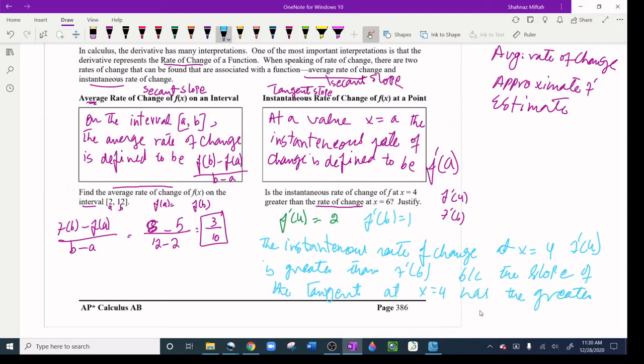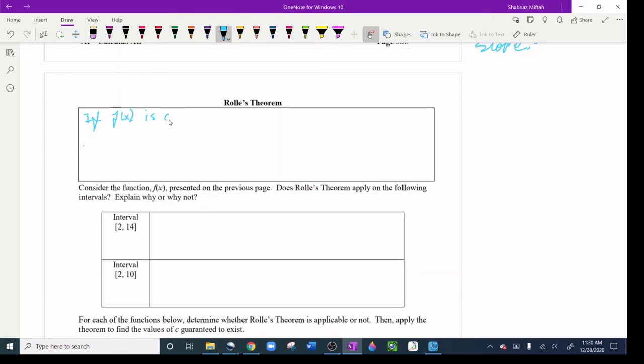There. Okay, next one is Rolle's theorem. What is Rolle's theorem? For every theorem we have conditions, so for this one we also have conditions. If f of x is continuous on AB, closed interval, that's the first condition.